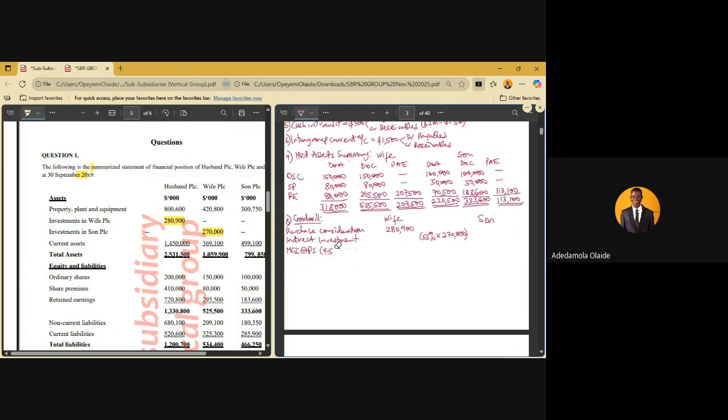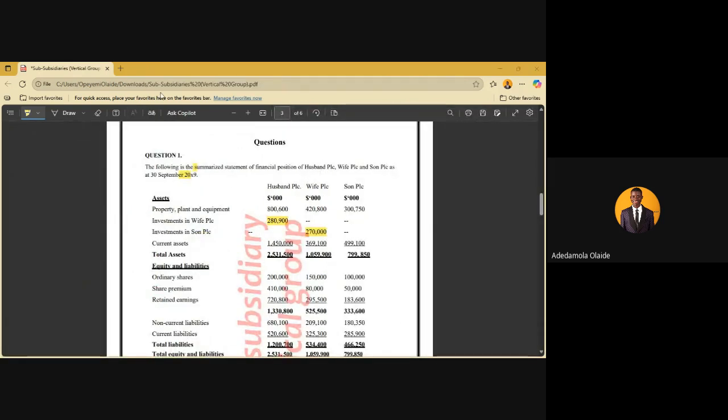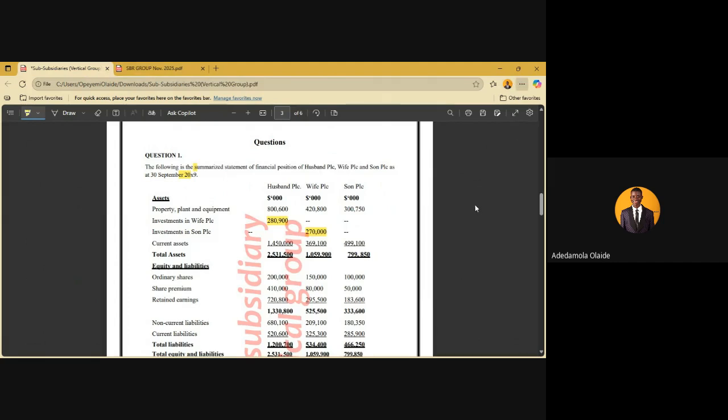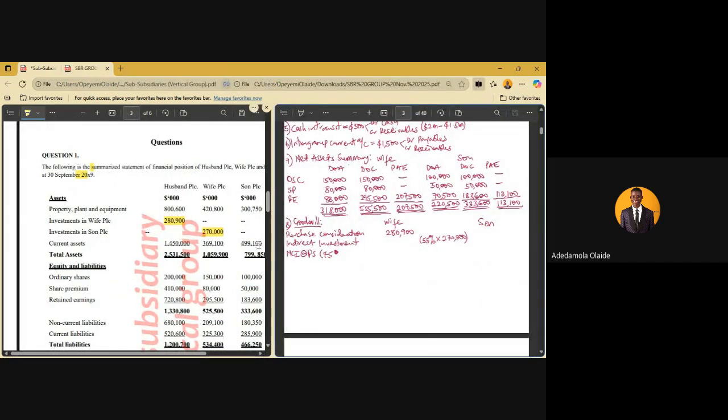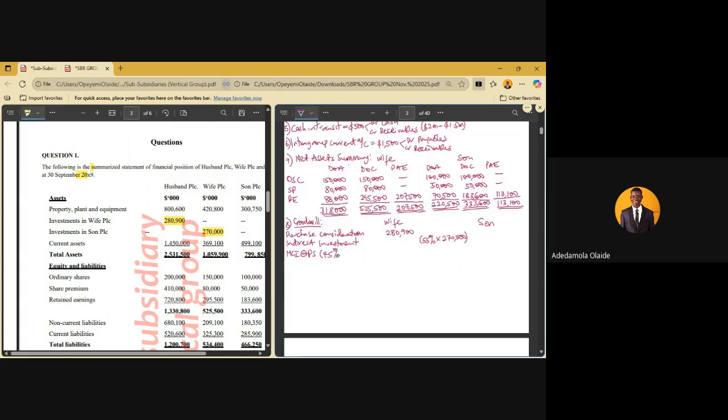Sorry, I don't know what's wrong with my writing tab. It's just misbehaving. So we have that to be 45% of 318,000.